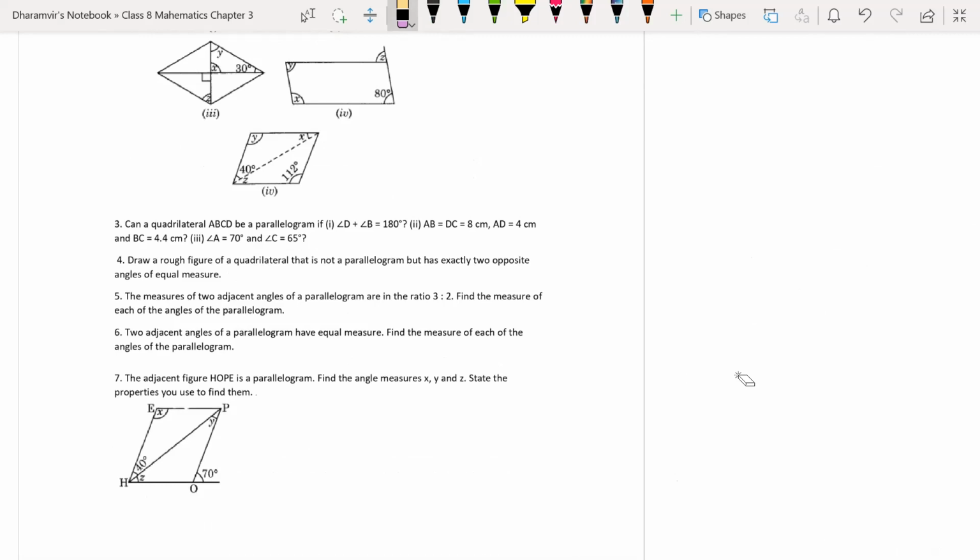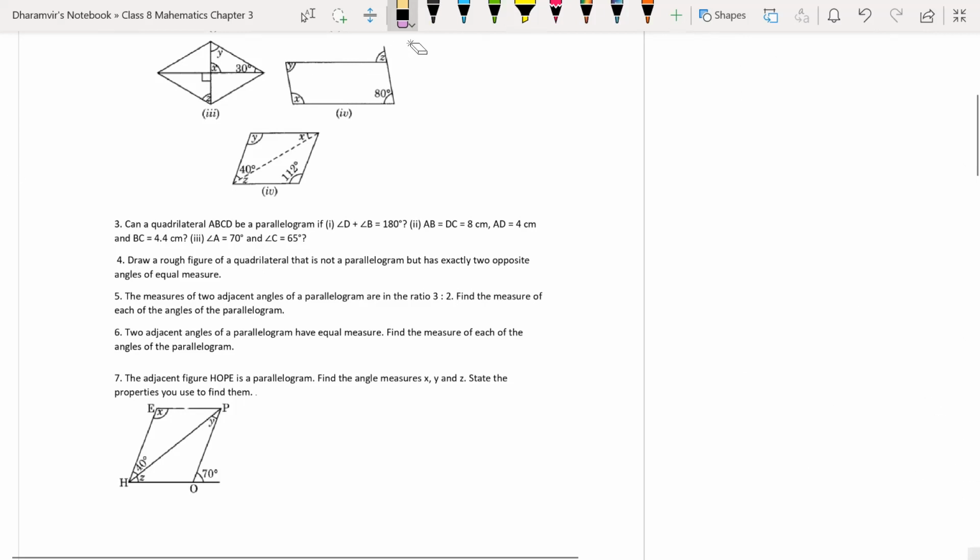Draw a quadrilateral having two opposite angles of equal measure. Okay. Opposite angles of a parallelogram are equal, but sides may be unequal in a kite type.